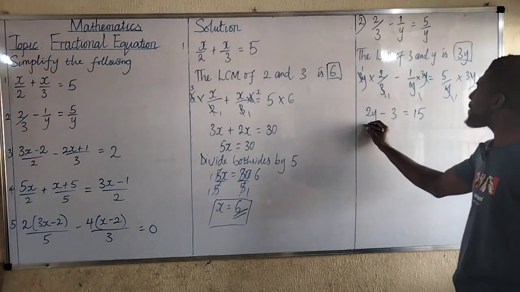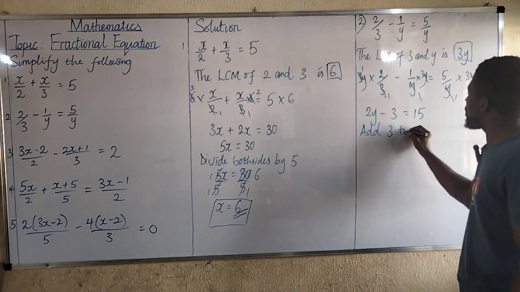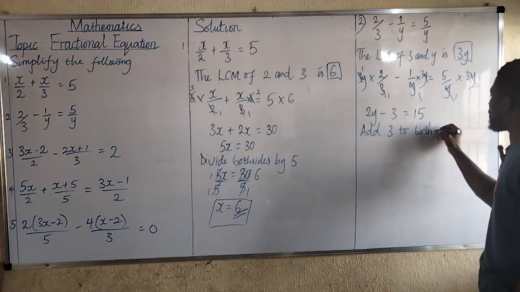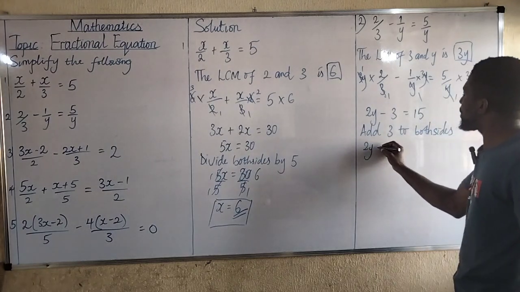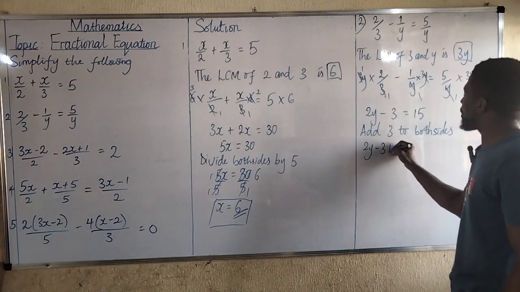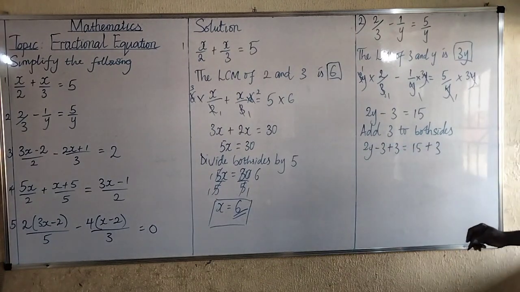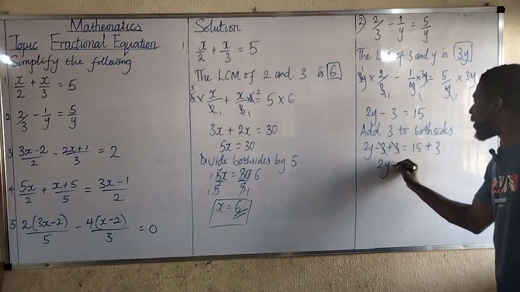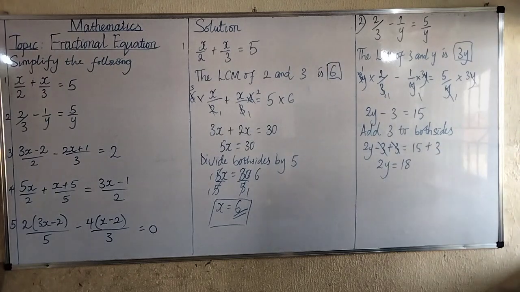Then I add 3 to both sides, because I want this 3 to leave. When I do that, I have 2y minus 3 plus 3 equal to 15 plus 3. Minus 3 plus 3 becomes 0. I am left with 2y equal to 15 plus 3, which is 18.